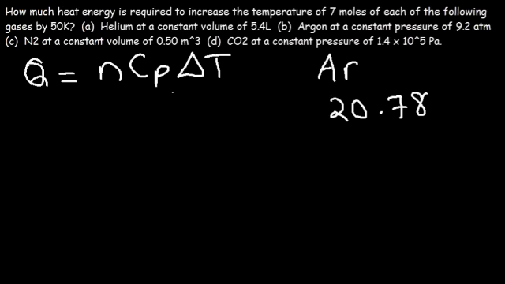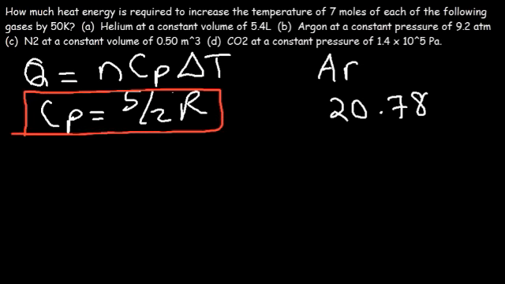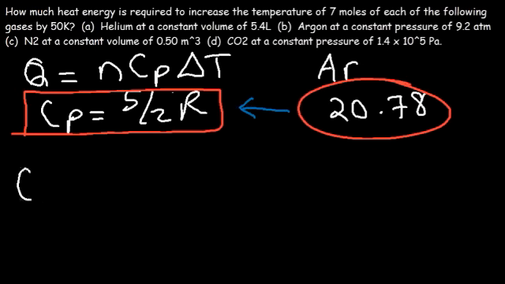So for monoatomic gases, make sure that you know that Cp is equal to 5/2 times R, because if you don't have access to a table, or if this value is not provided, you have to use this fact to calculate Cp.